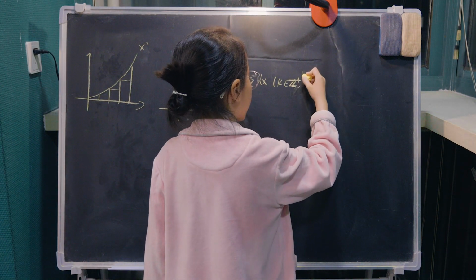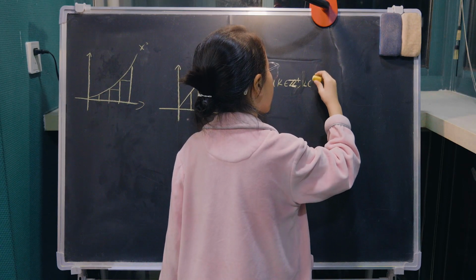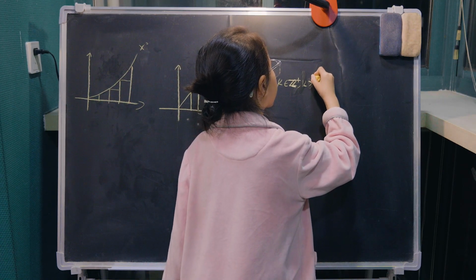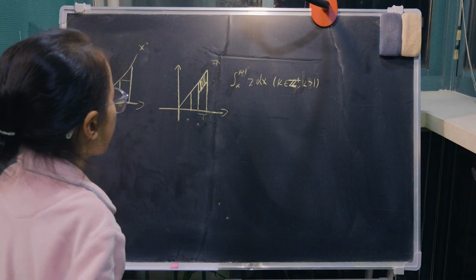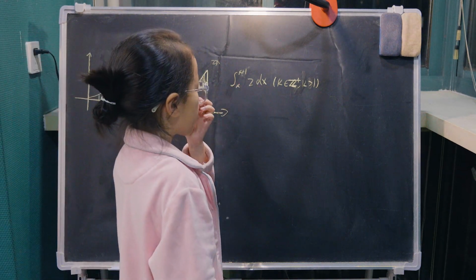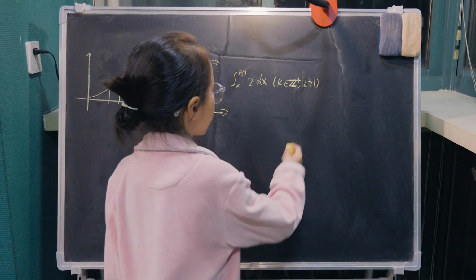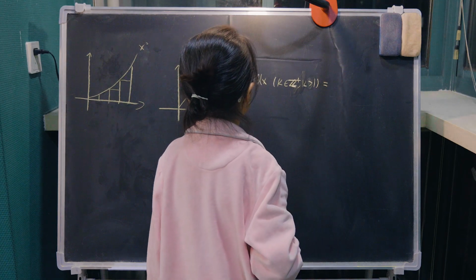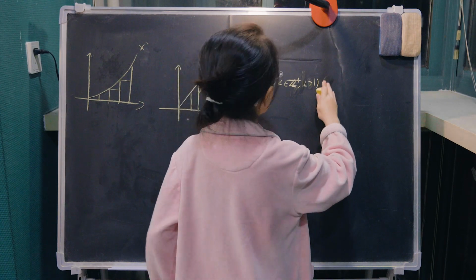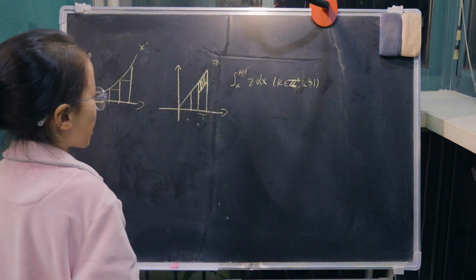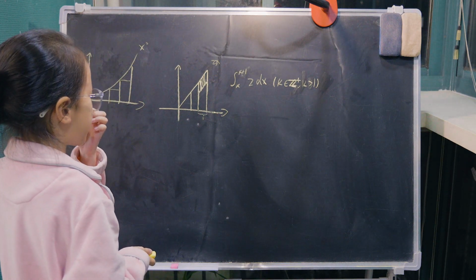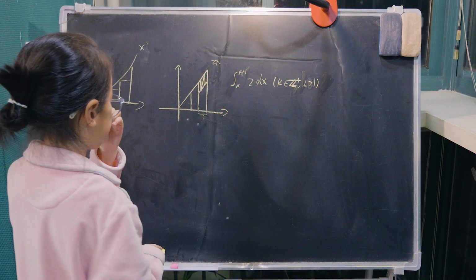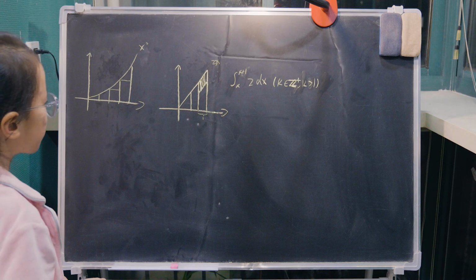So k needs to be greater than 1, right? Okay, so we just find and grow, and we know that's equal to, we don't need to think about it. Actually, that's equal to 2.